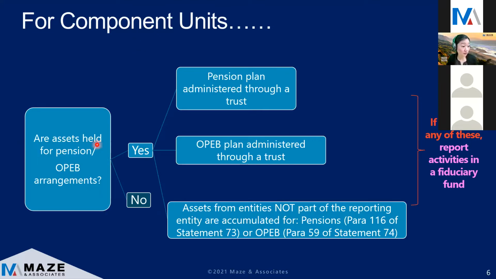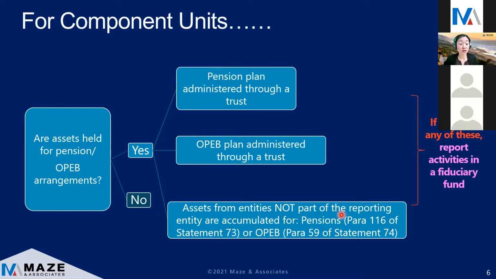So then you ask yourself, if it qualifies as a component unit, are these assets held for pension and OPEB? If you answer yes to any of these, then these activities should be reported as fiduciary activities under GASB 84.